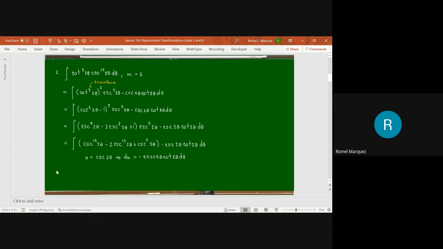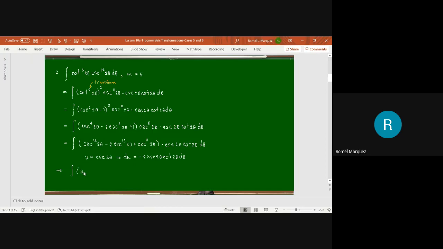So we now have u to the n, you put negative 2 to be du. Then same thing here, u to the n, you put negative 2 to be du. And for the last one, u to the n, put again negative 2 for this to be du. Okay, so each is a general power formula. So I can now get integral of cosecant to the 15th 2 theta.